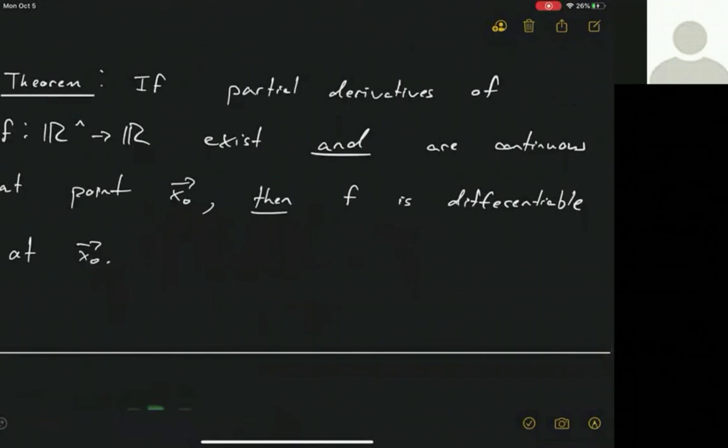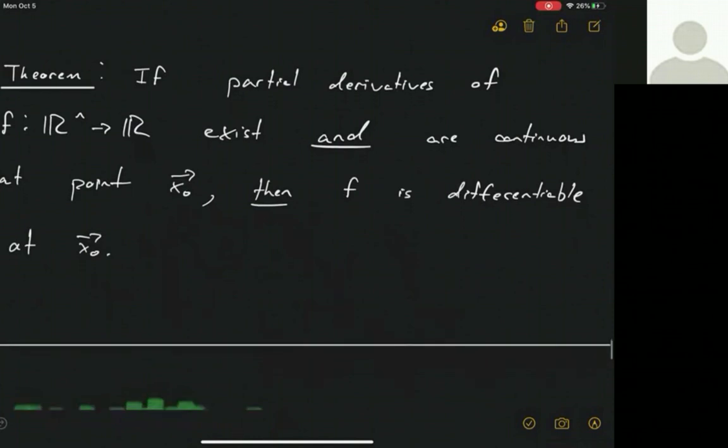If those partial derivatives exist and are continuous at our point, then f is going to be differentiable at that point. Before, we saw an example where things didn't work out: the partial derivatives existed, but they weren't continuous.